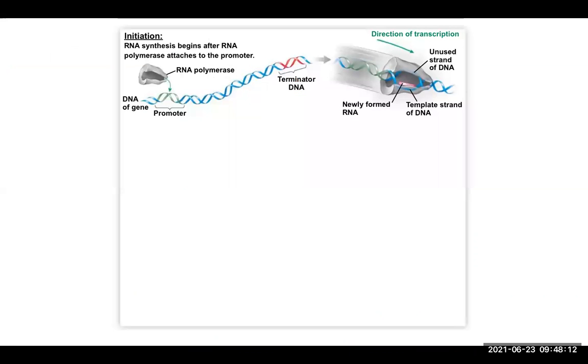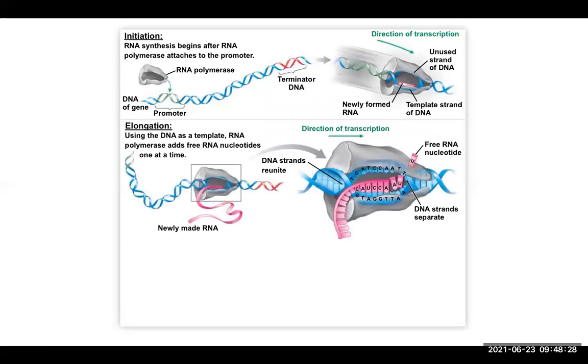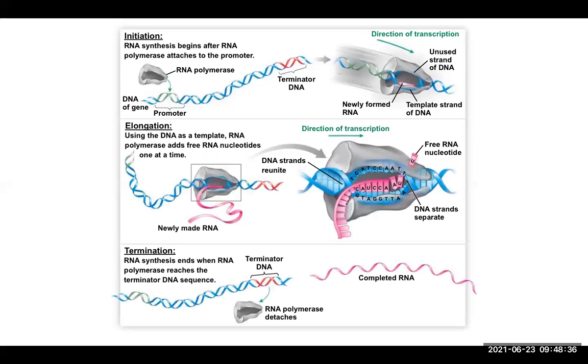And so when we go through these steps, basically the RNA polymerase, along with the transcription factor, will bind to this promoter region, and that's initiation. That's how the synthesis of the RNA strand is going to begin. And then the elongation step is just the RNA polymerase adding on those extra nucleotides. And then finally, the termination step is going to be when the mRNA is done being synthesized.